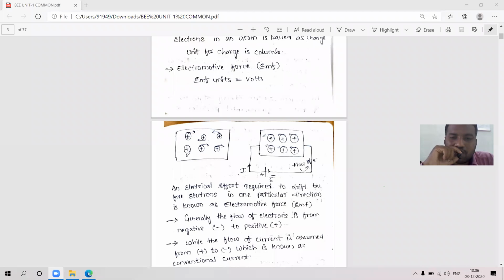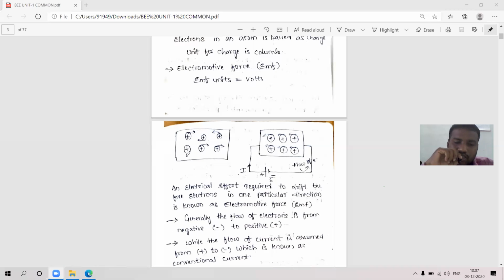All the arrow marks are directed towards the positive, meaning these electrons are attracted. You know that all the electrons are attracted towards the positive terminal, yes or no? So because of that battery, an electrical effort is required to drift the free electrons in one particular direction.